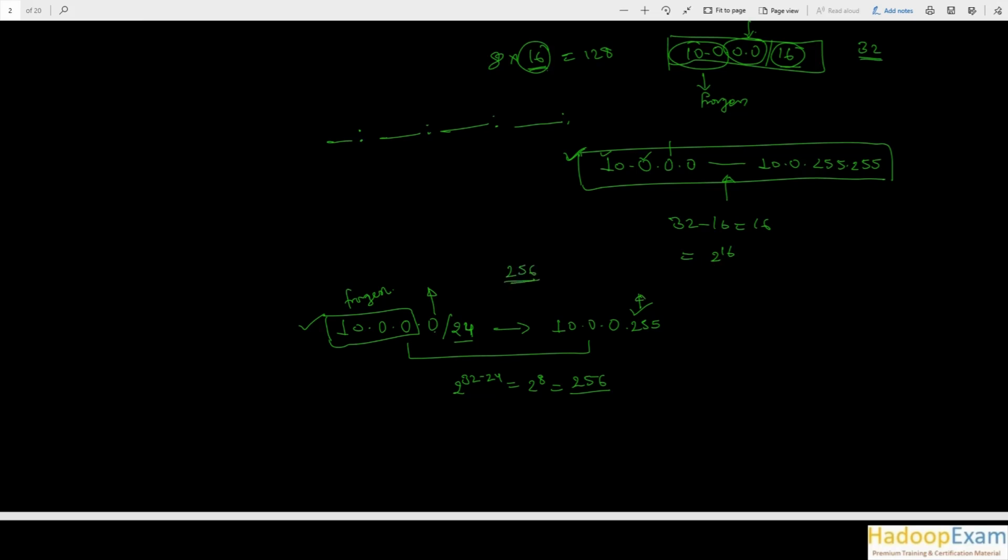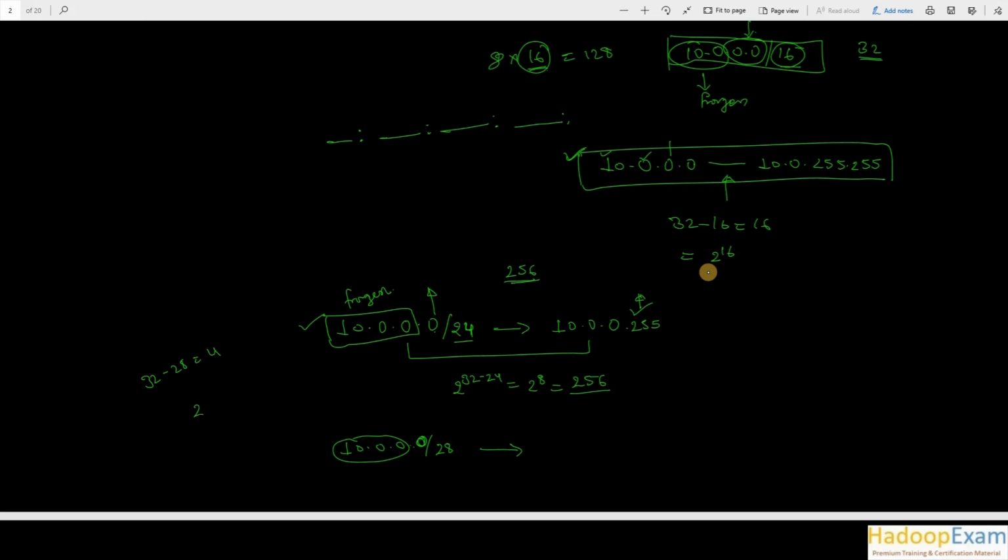Now let's calculate another range so you can understand: 10.0.0.0/28. Now this is 28 bits. So this is 24 bits and 4 bits from this octet, correct, is frozen. How would you calculate this? 32 minus 28 equals 4.